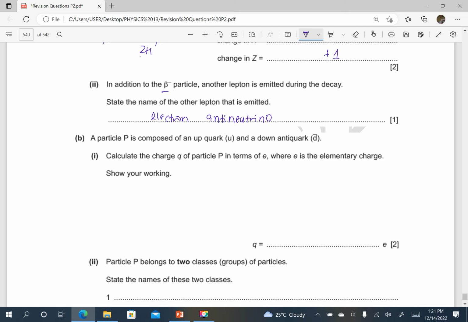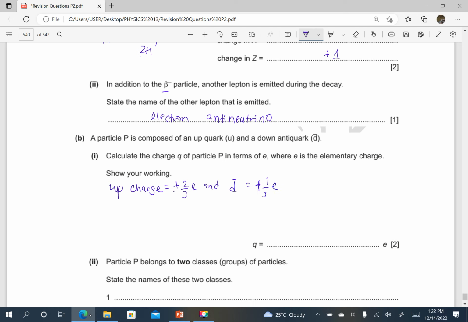A particle P is composed of an up quark and a down quark. Calculate the charge Q of particle P in terms of e, where e is the elementary charge. So an up quark, what is the charge of an up quark? We know that the charge of an up quark is +2/3e, and down is +1/3e.